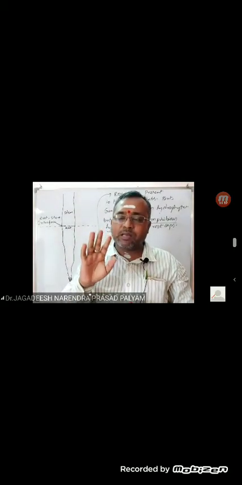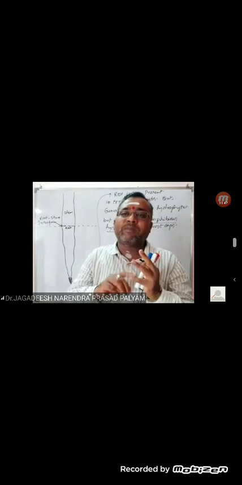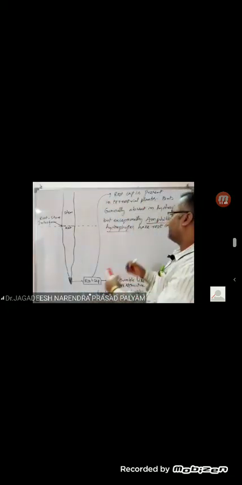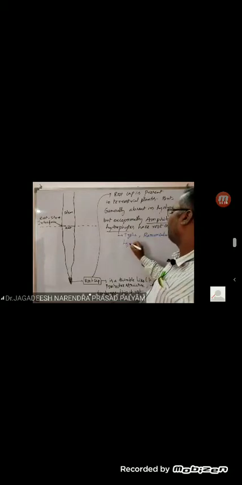I'll be giving two examples. I think you may not have seen them. They are not very common. You can see them only near water bodies. Typha is one amphibious plant. Ranunculus. Limnophila.